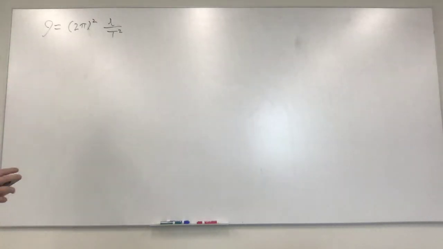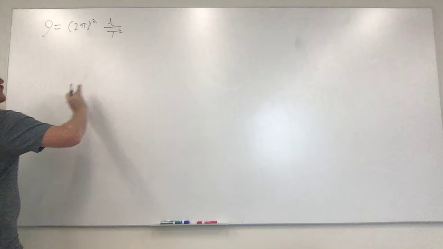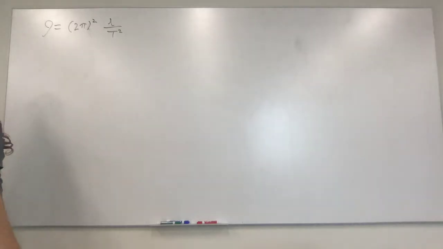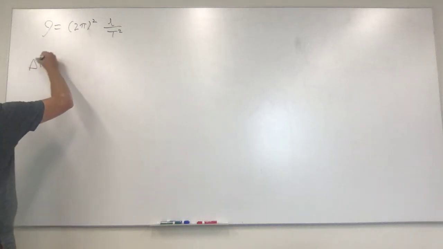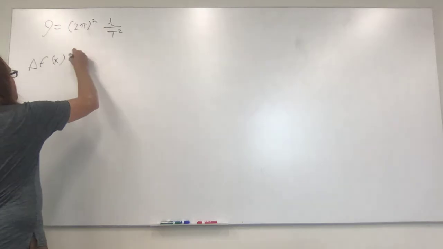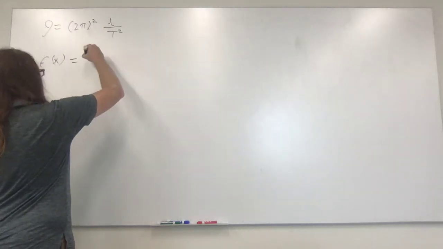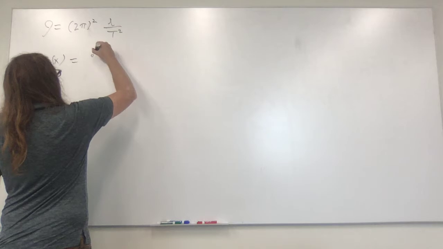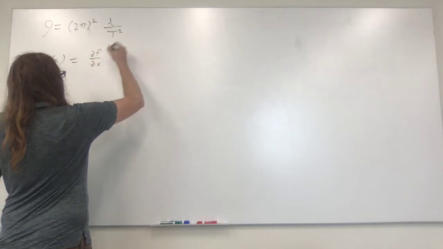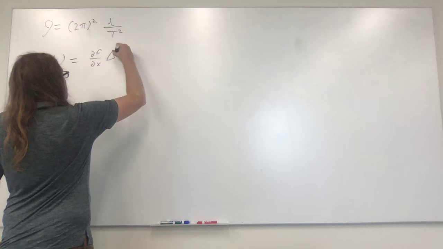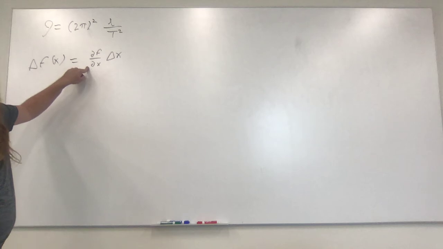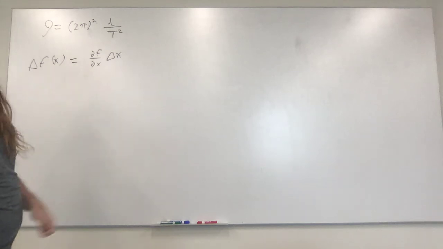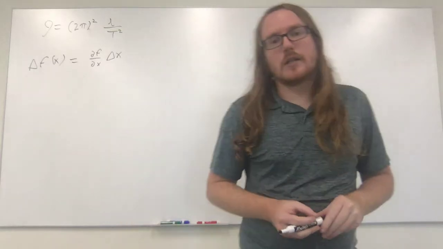And so the general rule is if you have a function of one variable, then delta f of x is just equal to the derivative of f with respect to x times delta x. So this is how much the function changes if x changes, and delta x is how much uncertainty there is in x.